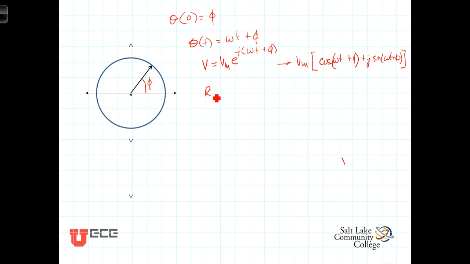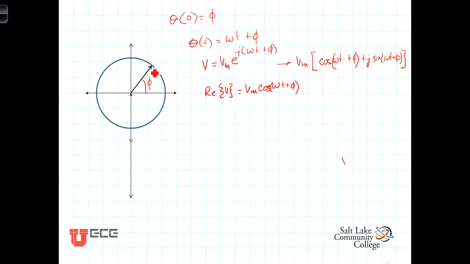And we can say then that the real part of v is equal to v sub m cosine of omega t plus phi. A completely arbitrary cosine term, specified by its amplitude, v sub m, the rate at which it's oscillating, omega, and this arbitrary offset of phi radians.